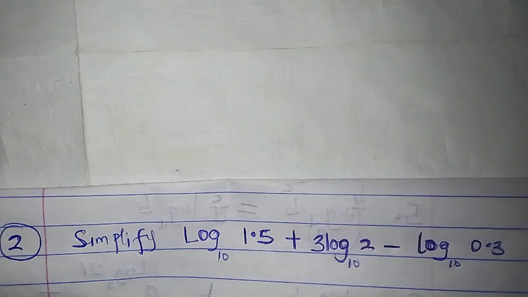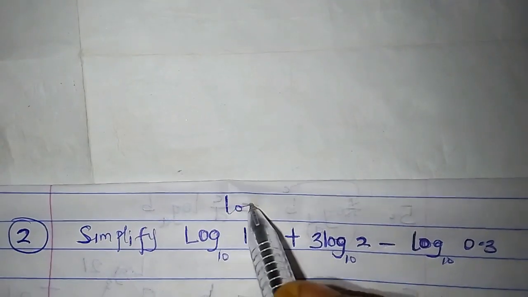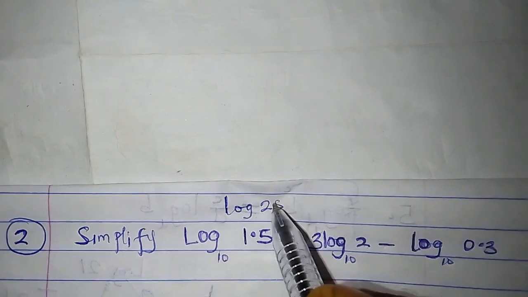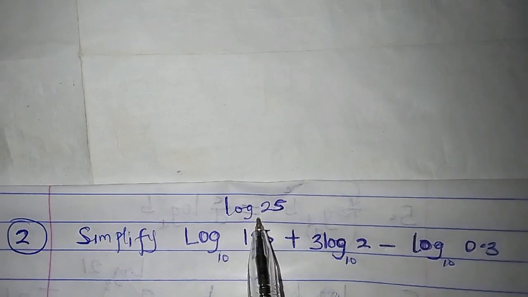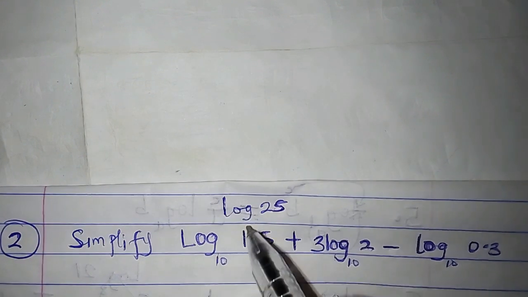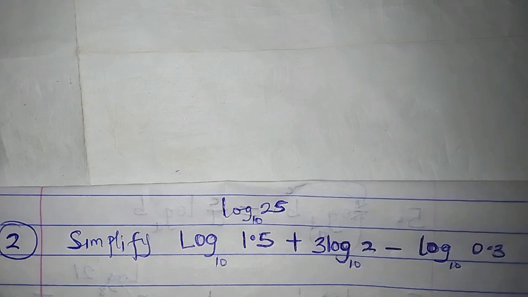For example, I have log 25. The base is not written here, but I know that the base is 10. So when you see a log that has no base, and it is involved in a question, just take the base to be 10.